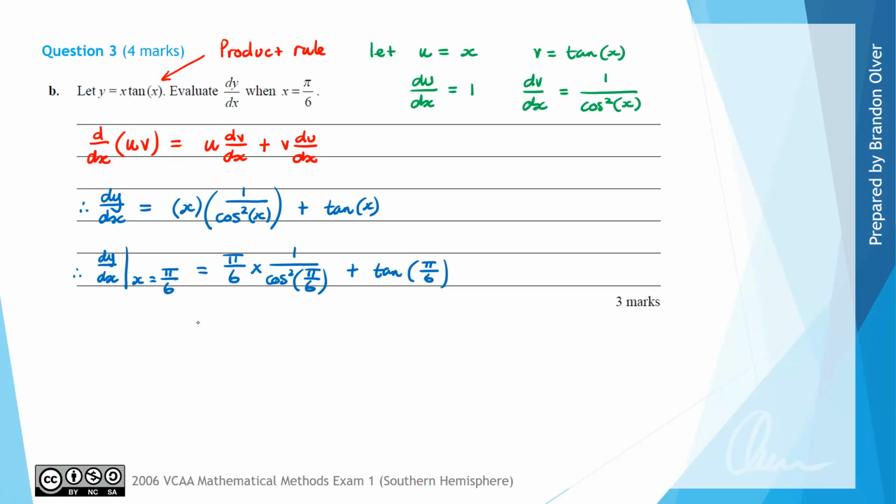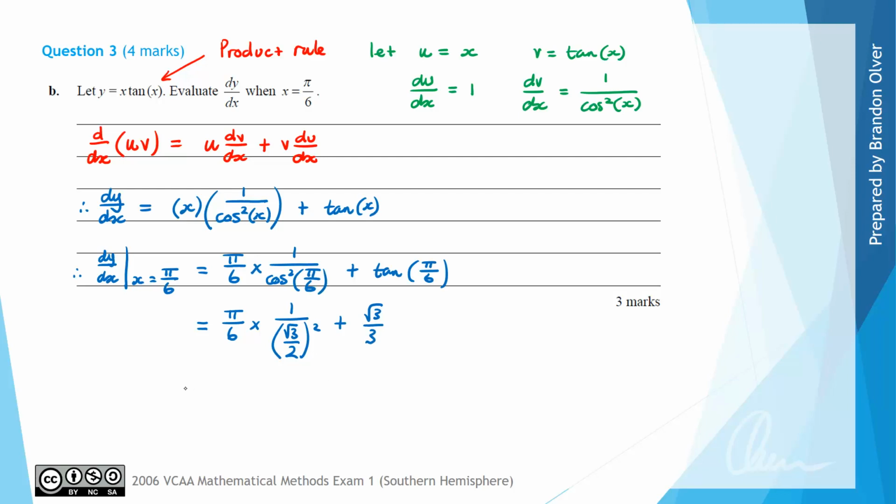Next we need to remember our exact values for our circular functions. So we have pi on 6 multiplied by 1 over, and cosine of pi on 6 is going to be root 3 on 2, and then that value is going to be squared because it was cos squared of that value, and then we add on tan of pi on 6 is equal to root 3 over 3.